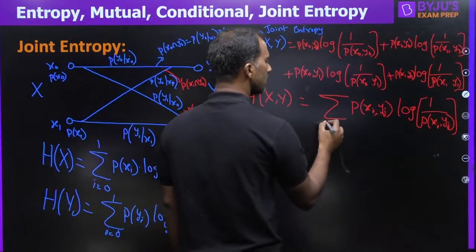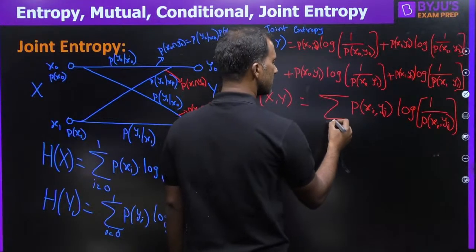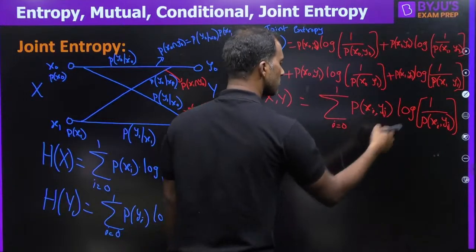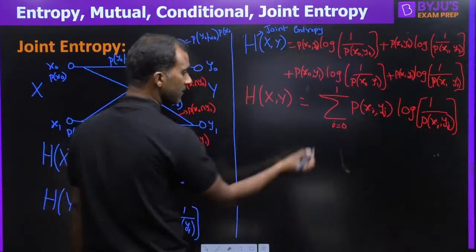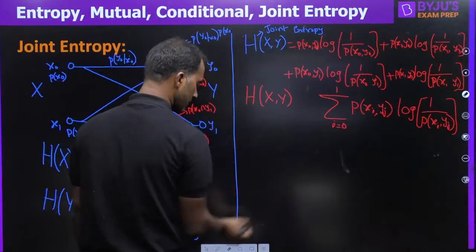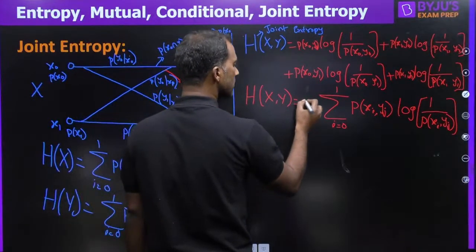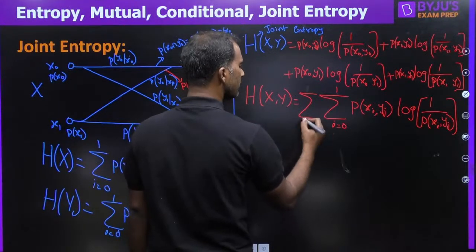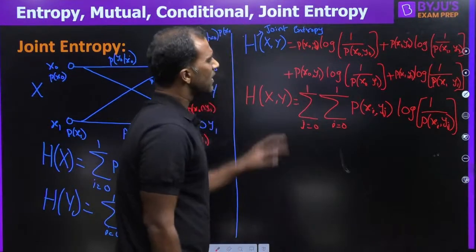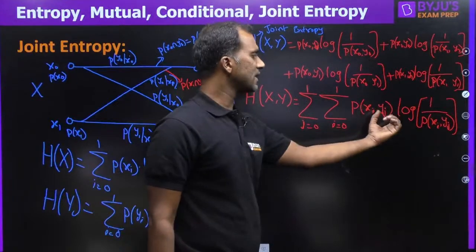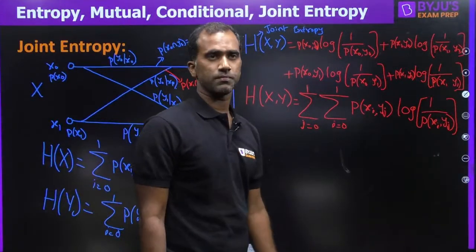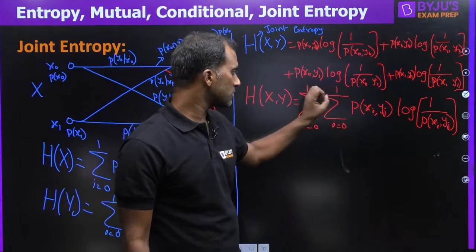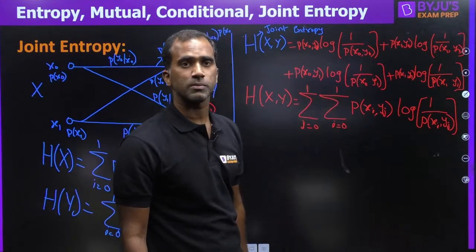The summation is with a variable i which runs from 0 to 1, but there is also one more variable which runs with respect to y. So one more summation should be there, because there are 2 variables here. One more summation, j runs from 0 to 1. All these 4 terms, we are writing as a single term by using those 2 summations. i runs from 0 to 1, j runs from 0 to 1. There are 2 possibilities here, 2 possibilities here, total 2 into 2, 4 possibilities.